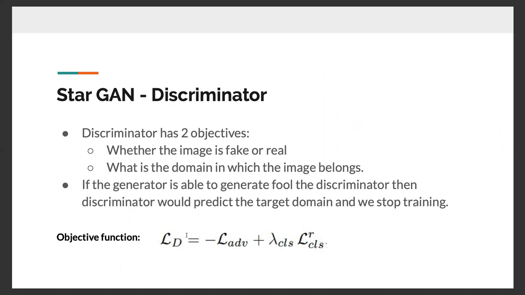And look at the objective function here, the LD here, and why we add in a minus here is just because we want to minimize the classification error, and we want to maximize the adversarial loss, because we really want to tell if the generated image is real or fake. And this is just the original task of a discriminator.